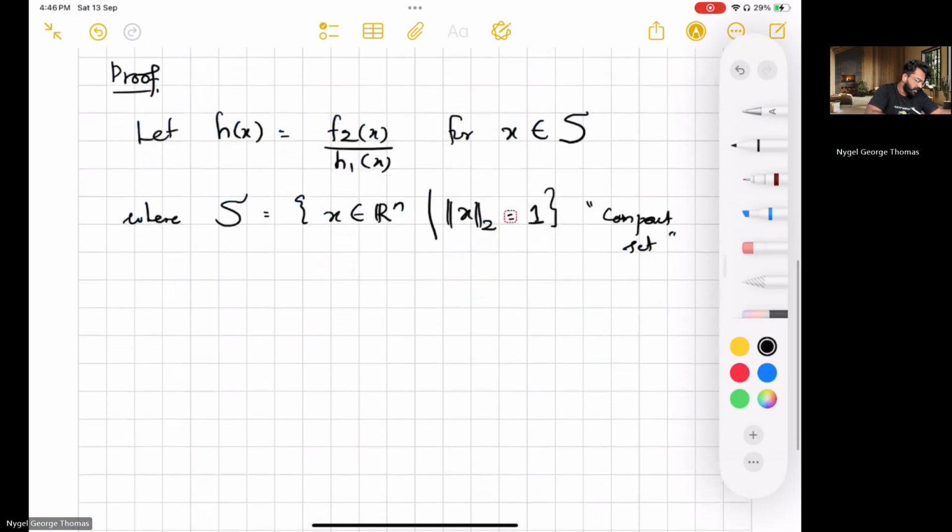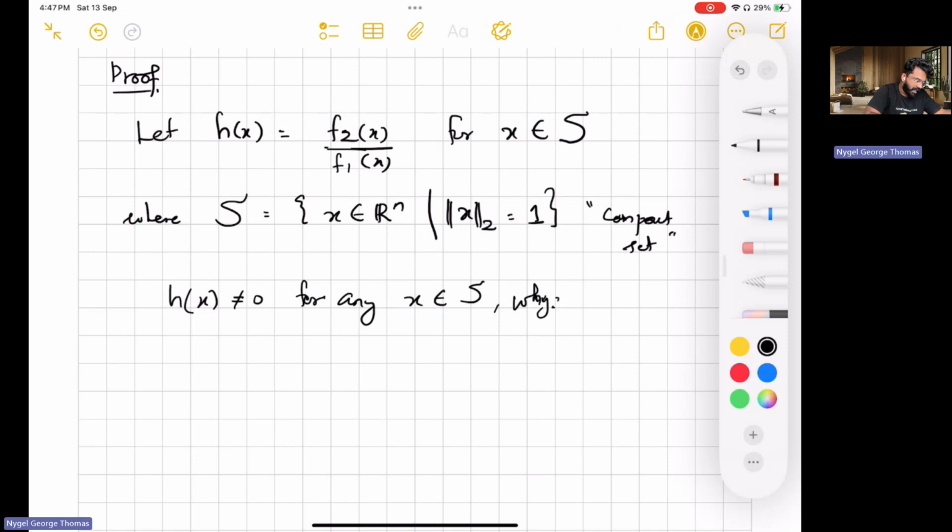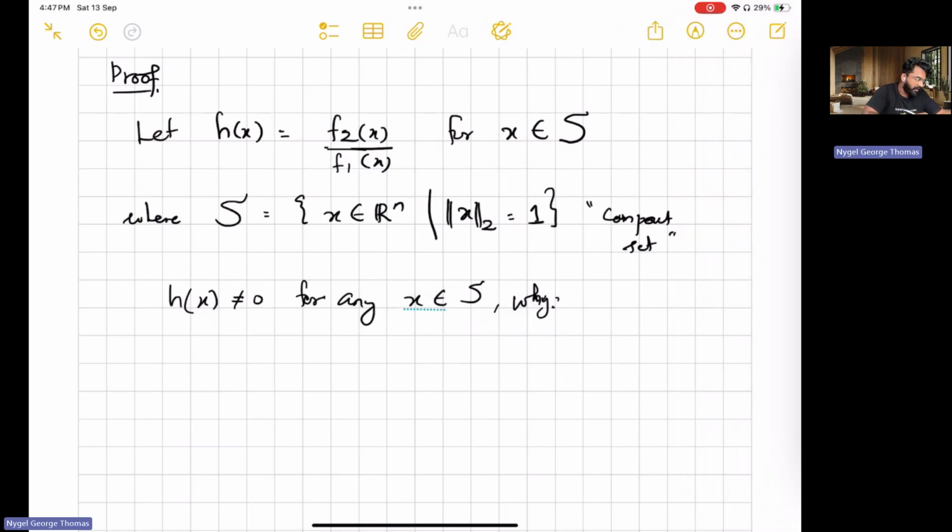functions f1 and f2. From how we've defined f1 and f2, h of x is not equal to 0 for any x belonging to S. Why is this so? Because x will only take values where norm of x is always 1.